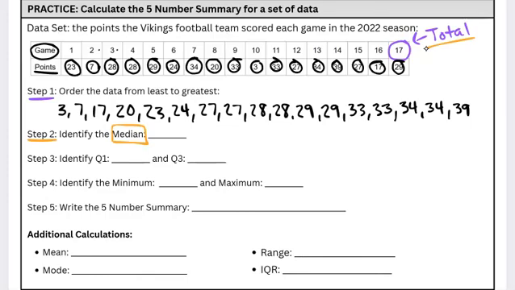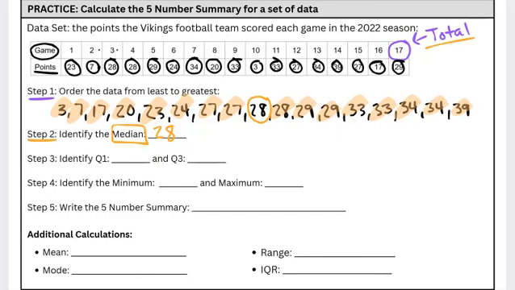One way we can do that is by marking off a small number and then a large number, going from the bottom end to the top end of our data, marking off 1 on each side, and that will allow us to get down to the middle of our data set. Here we can see we're left with one number, 28, and that is our middle or median value.